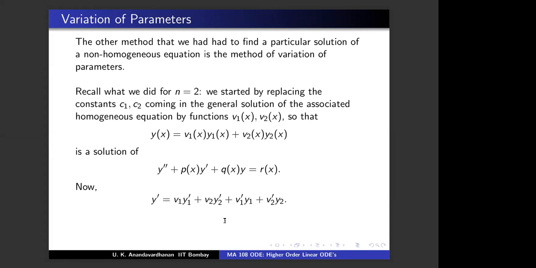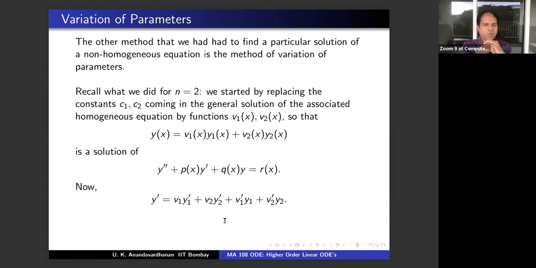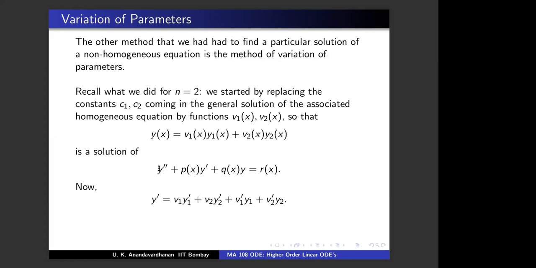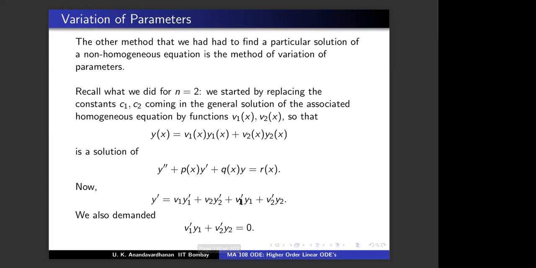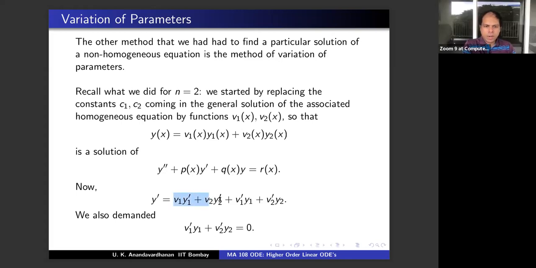It was V1 prime y1 plus V2 prime y2 is 0. What was the idea? The idea was that you are going to take y double prime after that and plug it in. So if you demand that V1 prime y1 plus V2 prime y2 is 0, then only this will remain.